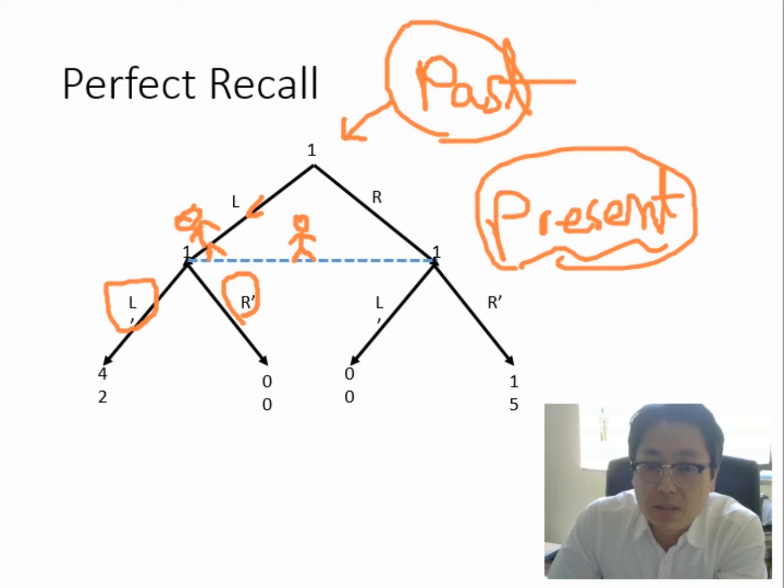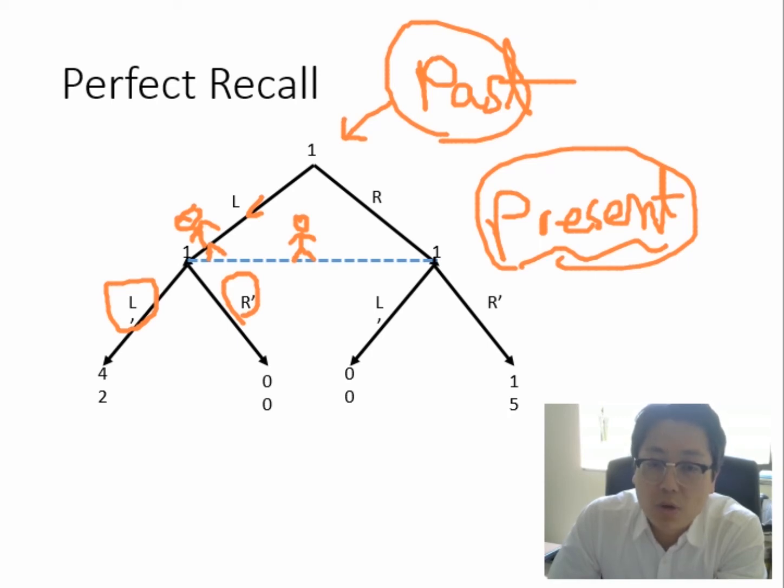I don't know what I chose before. If I'm eliminating this dotted line, then if I'm standing here, what I'm arguing is that I chose L before, and now I'm going to choose between L prime and R prime.